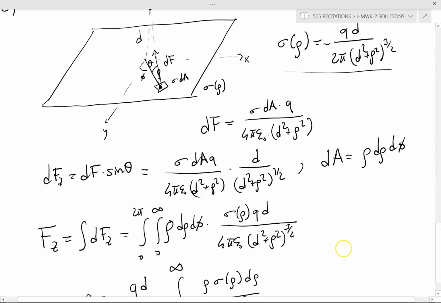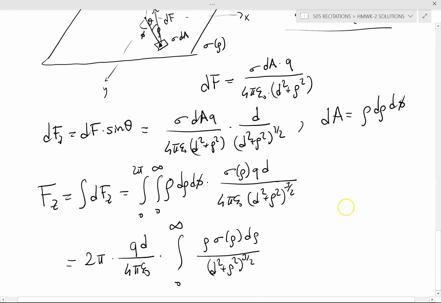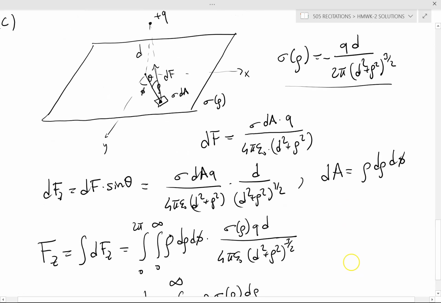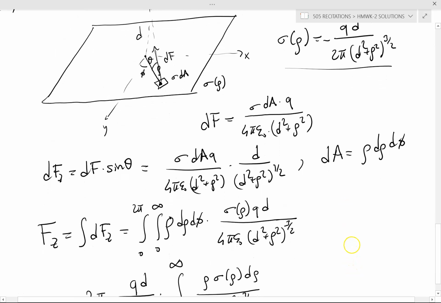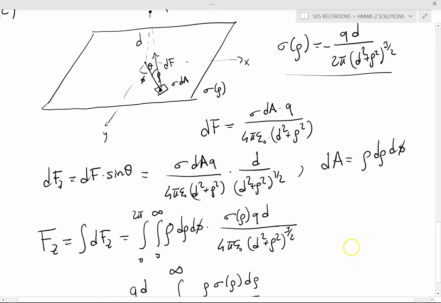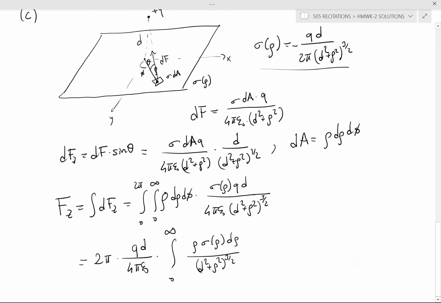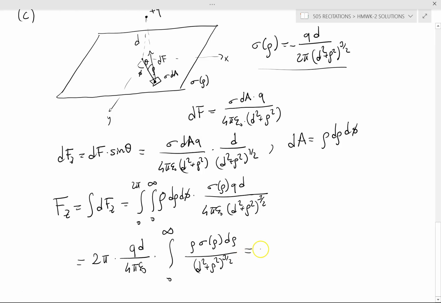Let me place sigma rho now. There will be another contribution of qd, right? So now qd over 2ε0 minus, let me check, qd again times 2π, but the rest cannot be taken outside.